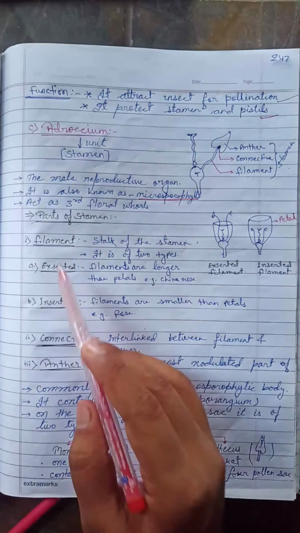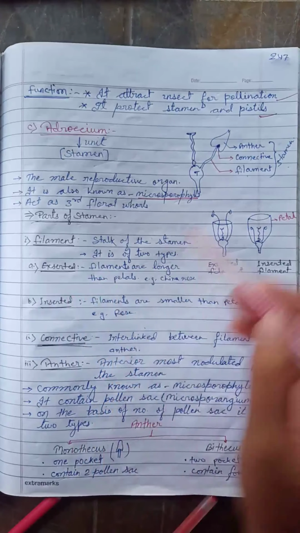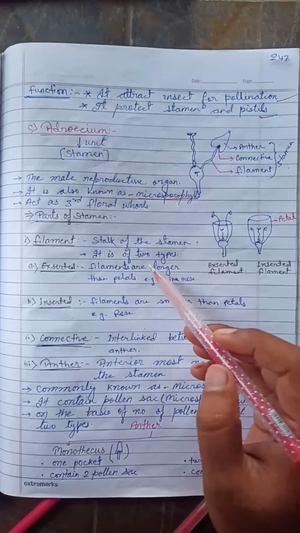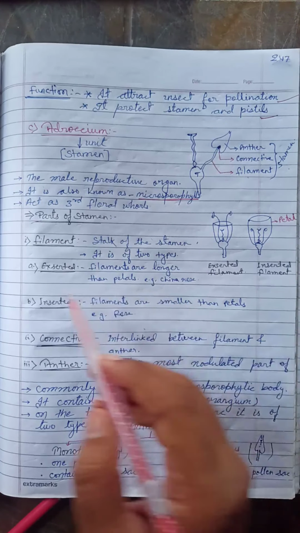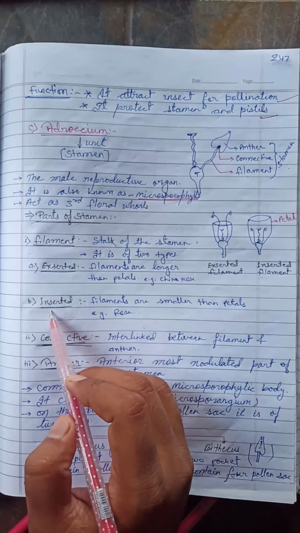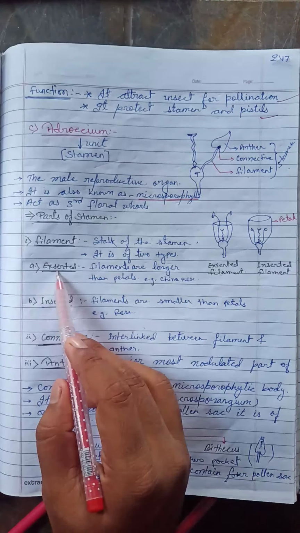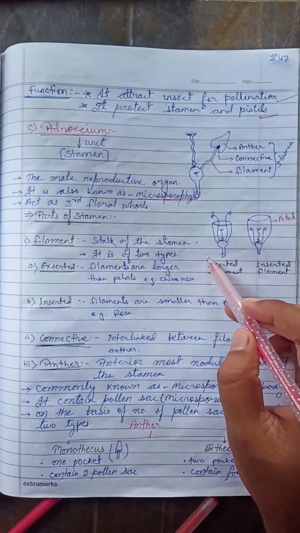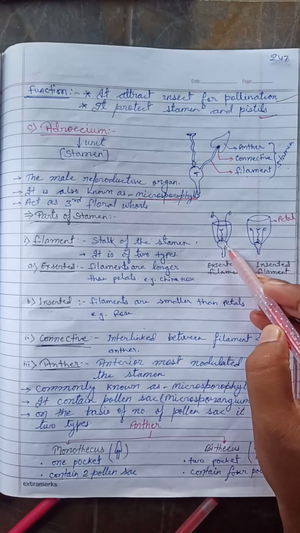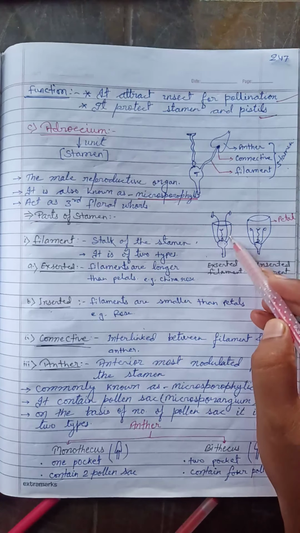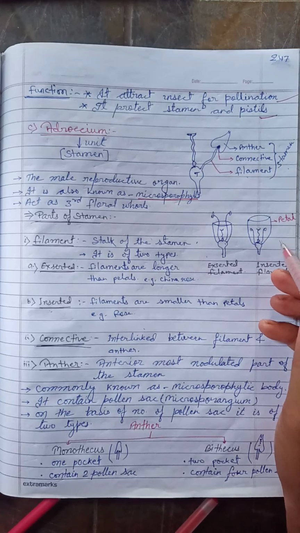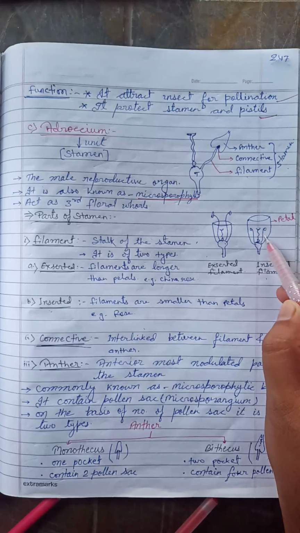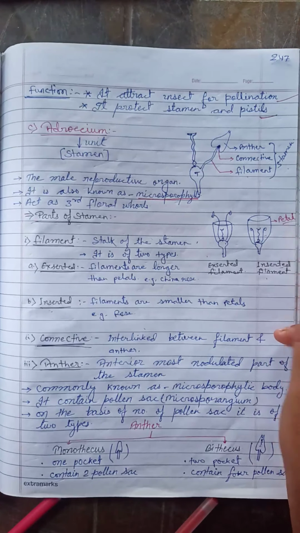The first part is the filament, that is the stalk of the stamen. It is of two types, that is exserted filament and inserted filament. What is the meaning of exserted and inserted? Look here. It is an exserted filament in the diagram. That means the filaments are longer than the petals, and in the inserted filaments the filament is shorter than the petals.